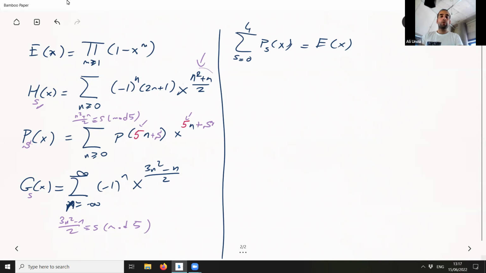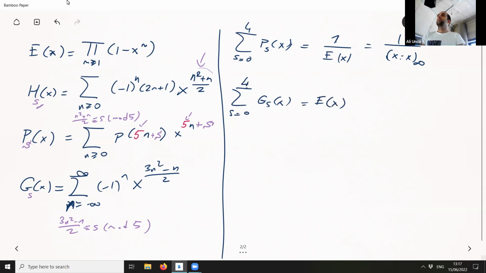So when I sum up the partition function, what it should be is 1 over E of x, the generating function for partitions. But if we sum up the G_s, we get the Euler pentagonal number theorem, and this one is actually E of x. Just dissections, nothing really special.